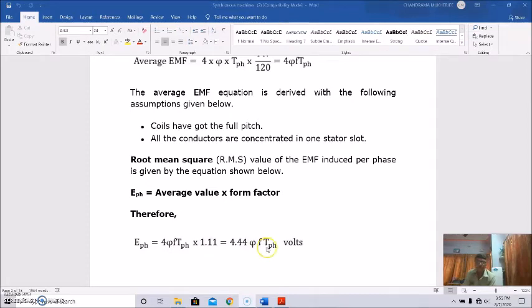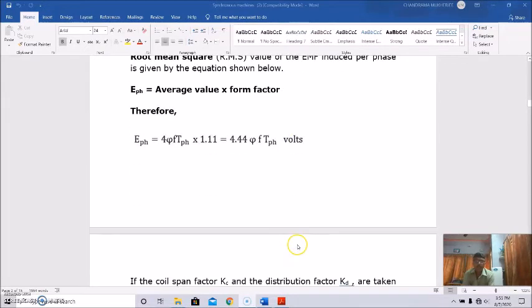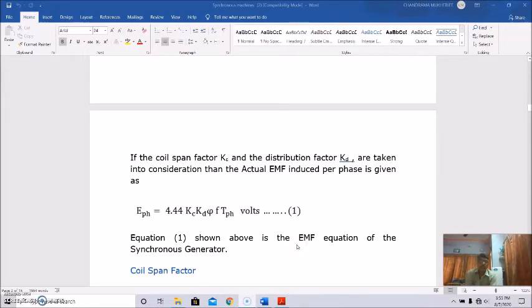Okay, but this deduction is based on two more important assumptions, that is, coils are concentrated and full pitch, and the coils are concentrated in one stator slot, but that is not the case. So if it is not full pitch, then the coil span factor and the distribution factors come into the picture.